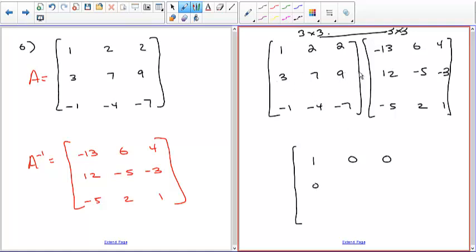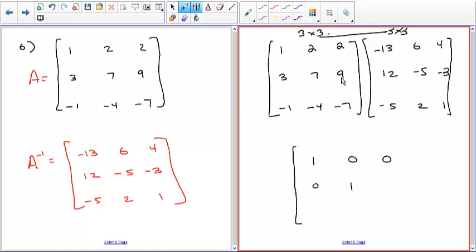Then I multiply the second row times the second column, and that'll be 18 minus 35 plus 18. And that comes out, oops, forgot to use the negative thing in there. It comes out to be 1.